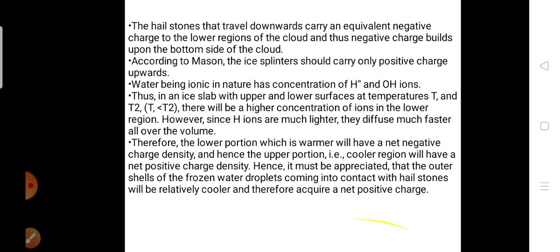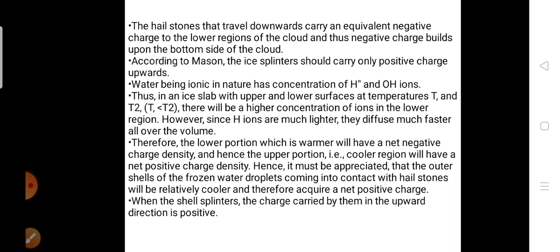So when the shell splinters, the charge carried by them in the upward direction is positive.